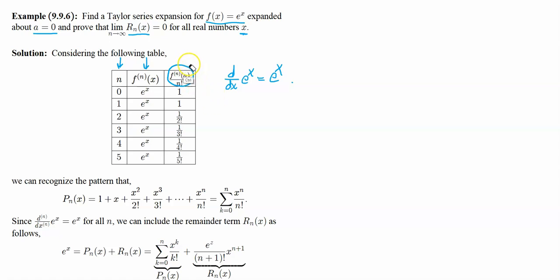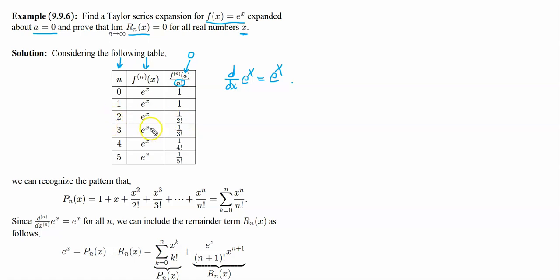Now in this case, the a right here is going to be 0 for this particular example. So notice that when we put 0 in for this x, we get 1. When we put 0 in for the x here, we get 1 divided by 1 factorial. Well, that's just going to be 1 again. Then we put 0 in for this x, and we get back 1. And since we're dividing these by n factorial, we get 1 over 2 factorial, because the n is 2.